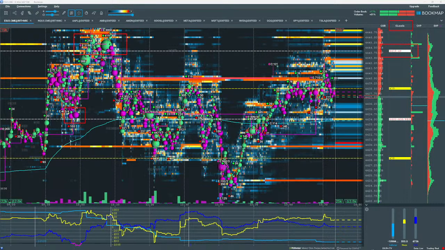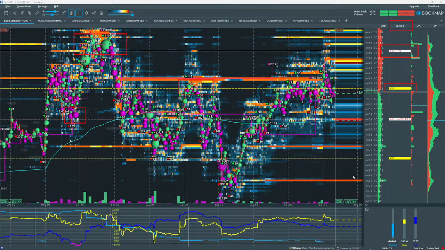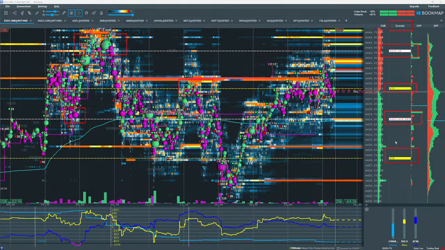And there are a couple of SPY levels here. Here's SPY 439 that did act as resistance, and also SPY 438. And then finally there's the 4,400 level, SPX 4,400. So I've got SPX and SPY levels shown on this chart.